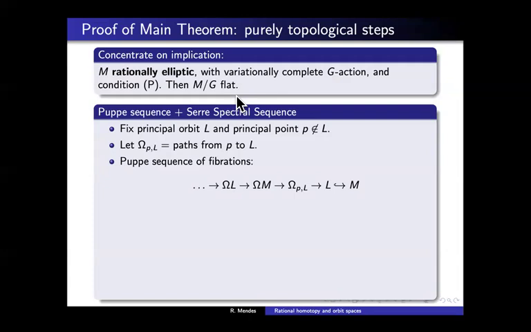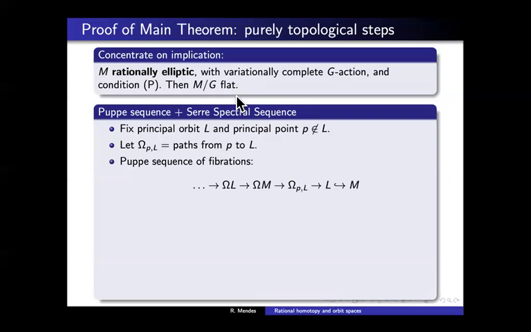So you start on the right-hand side with the inclusion of the orbit L into M. That's not a fibration, but up to homotopy it's a fibration, with fiber exactly the space ΩPL of paths from P to L.